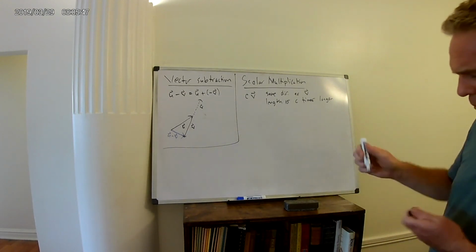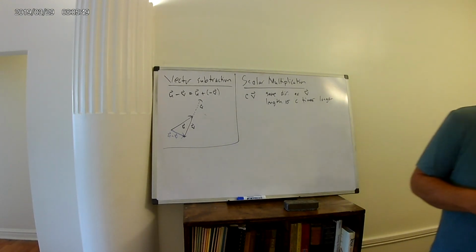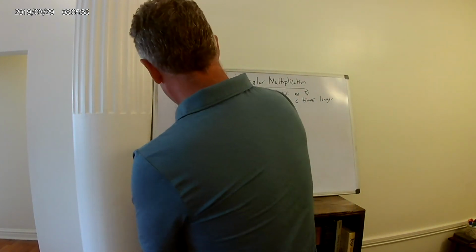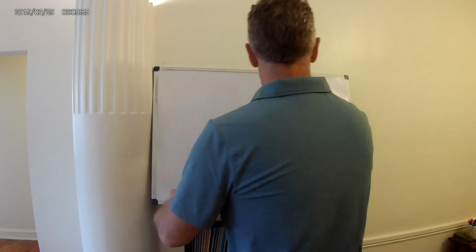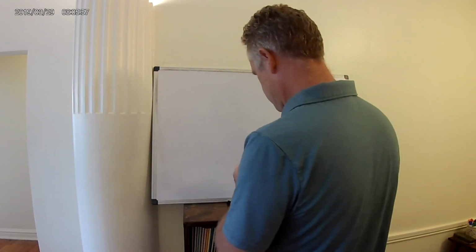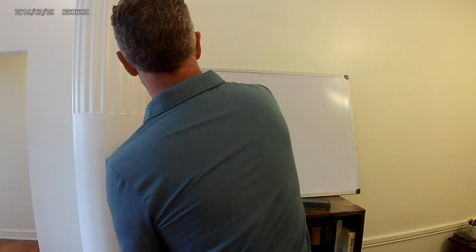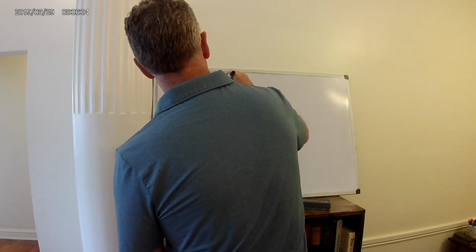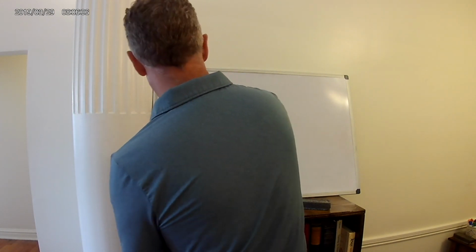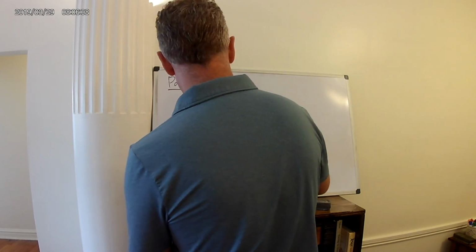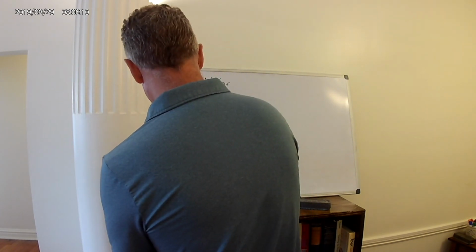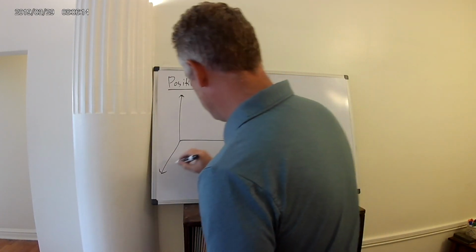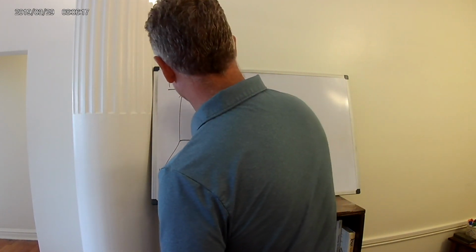Okay, let me talk about something called the position vector. And actually, I think that I'm going to erase this and start with a fresh border here. Okay, so what we're going to draw here is our 3D coordinate system, x, y, and z.